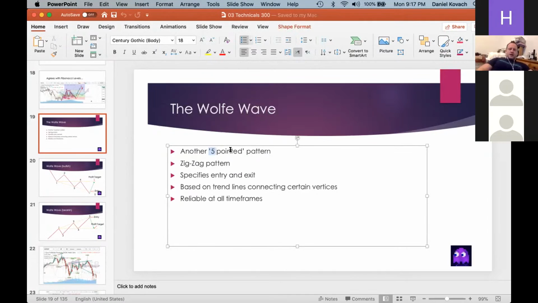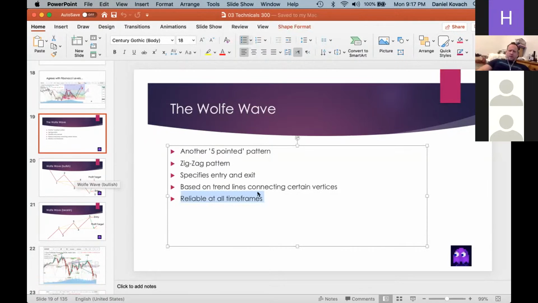Again, this goes back to the 5-pointed nature of the pattern. And it's pretty reliable at all time frames, which is another characteristic that is not necessarily shared with some of the other patterns, because sometimes volatility on shorter time frames will give you the illusion of a wedge or something like that, but it's really just random noise. Whereas this is fairly reliable at all time frames.